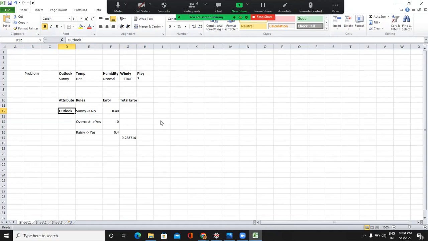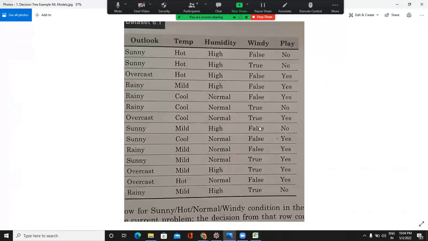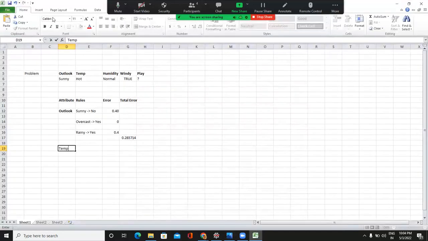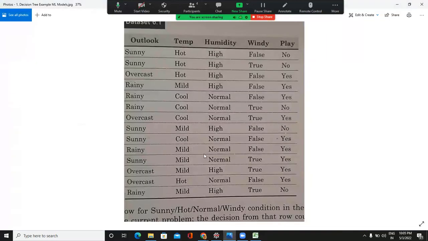We will do the same thing with temperature. Now, would you like to attempt that? You have this table, temperature. How many possibilities are there? Just have a look. Hot, mild, cool. Yeah.